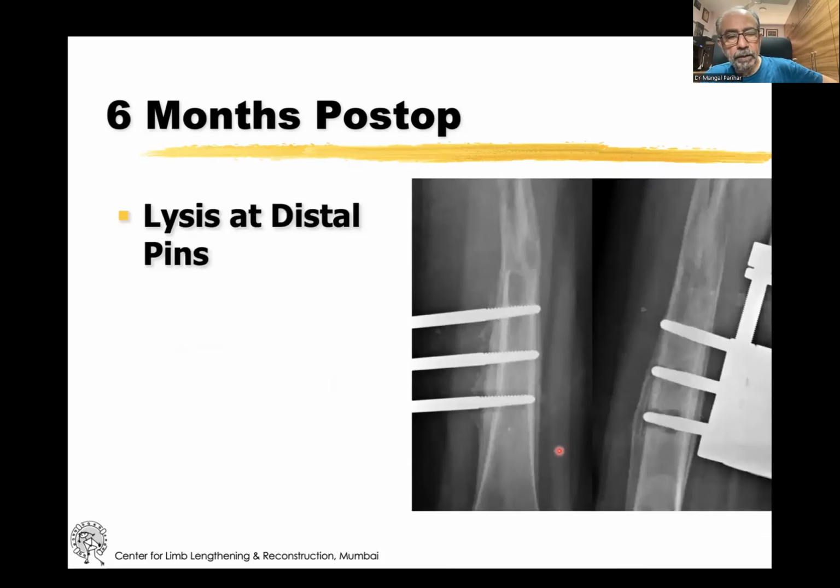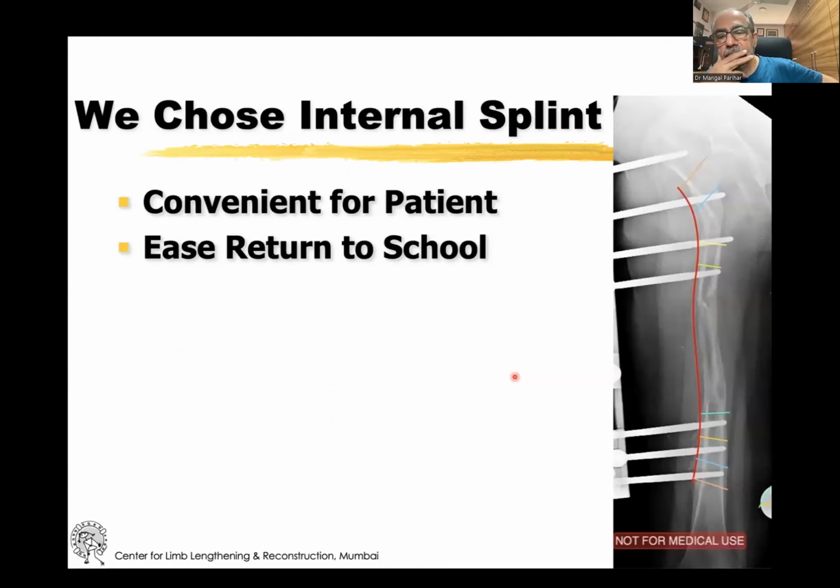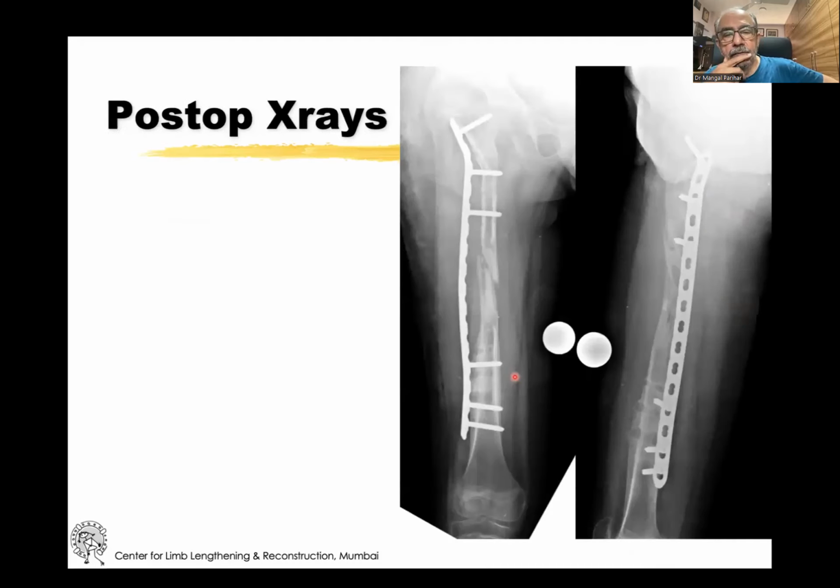So for this boy, he was developing trouble with lysis, with the pins and all that. So we took off the pins and put in an internal splint, which is easy for the patient to do. Just a long locking plate to be used as an internal fixator.